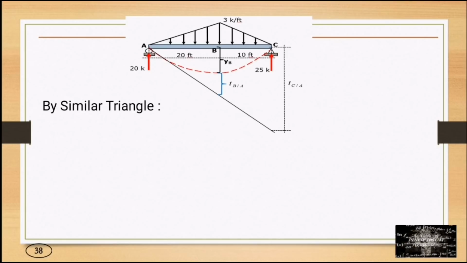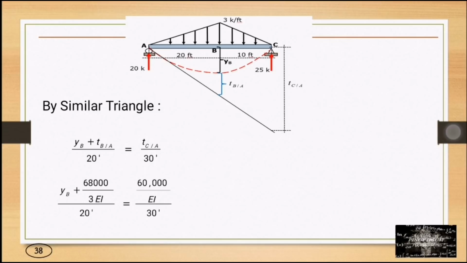By similar triangles, ratio and proportion, YB plus TBA over 20 feet is equal to TCA over 30 feet. Substituting the values of TBA and TCA, YB is equal to 52,000 over 3 EI, kip-feet cubed.